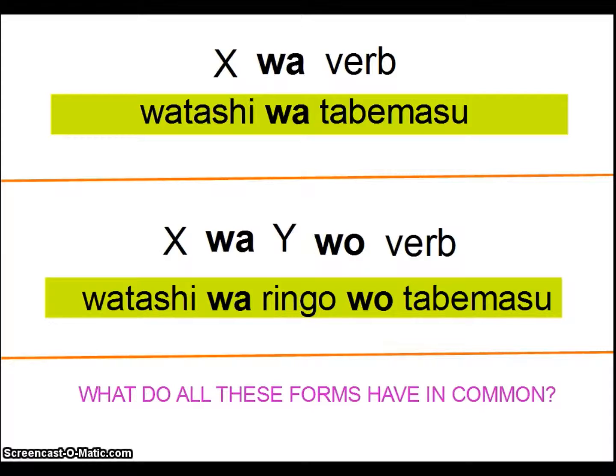On the few occasions that we haven't, that's usually because the subject, whatever you're talking about, is fairly obvious. So if I were just talking about myself all the time and I'm just listing off a bunch of things like watashi wa tabemasu, watashi wa yomimasu, watashi wa nomimasu, watashi wa ikimasu, and it's very obvious I'm talking about myself, I don't have to keep saying watashi wa.